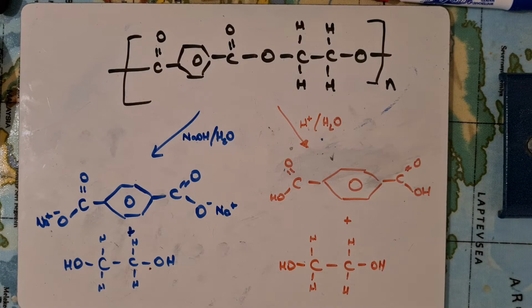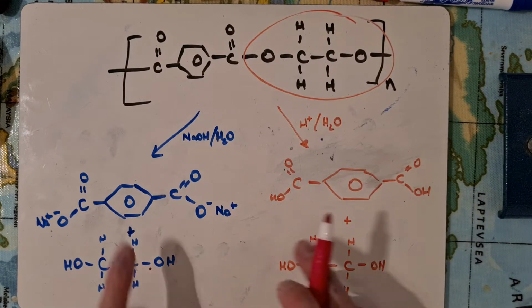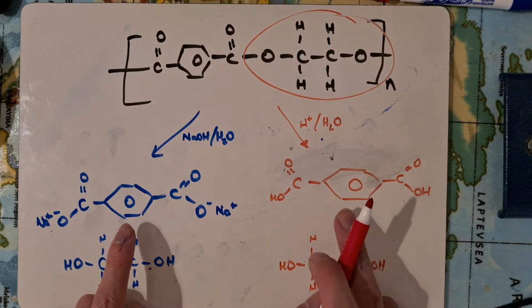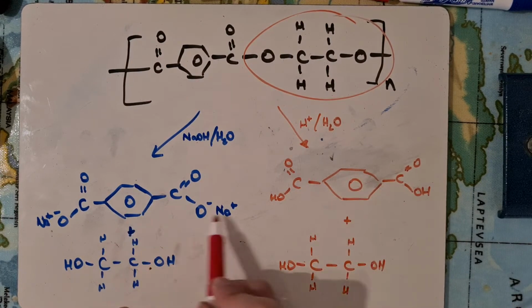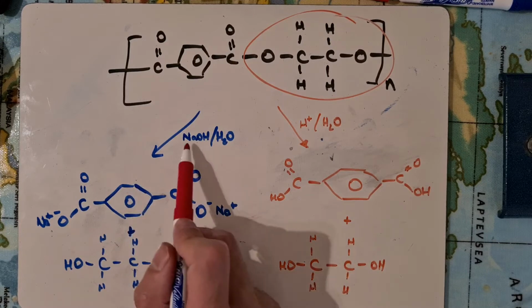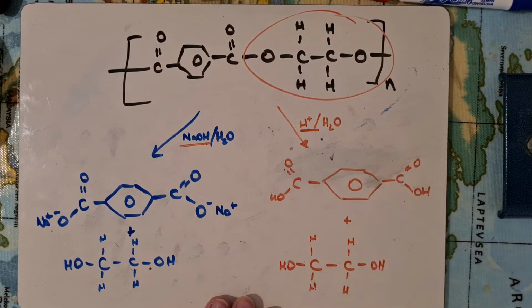So both will form the diol back that we get from over here. So the diol's just there. And both will also form a carboxyl group. This will be a carboxylate with a salt because it's a base. This though, because we're in acidic conditions, will just go back to being a carboxylic acid.